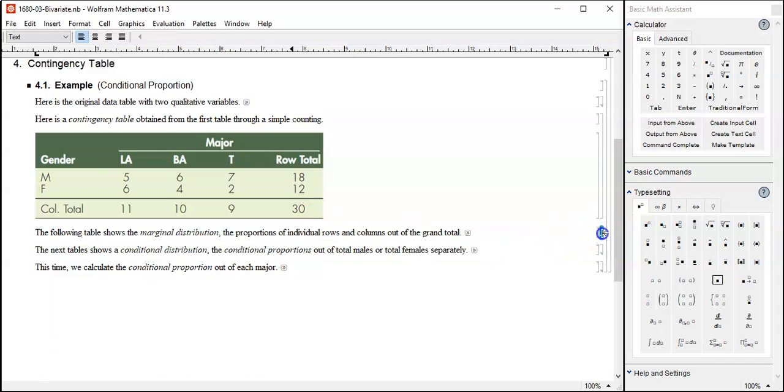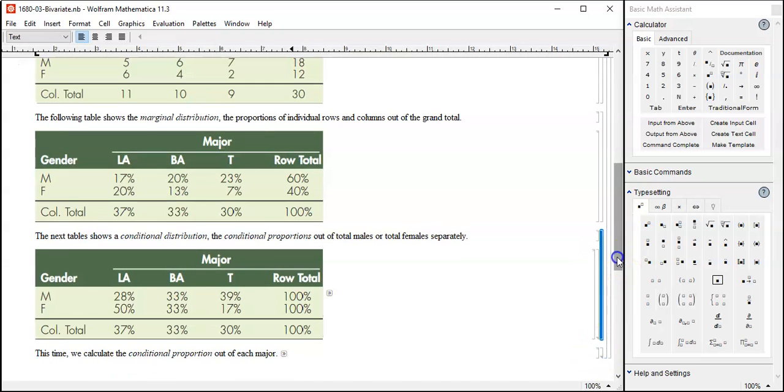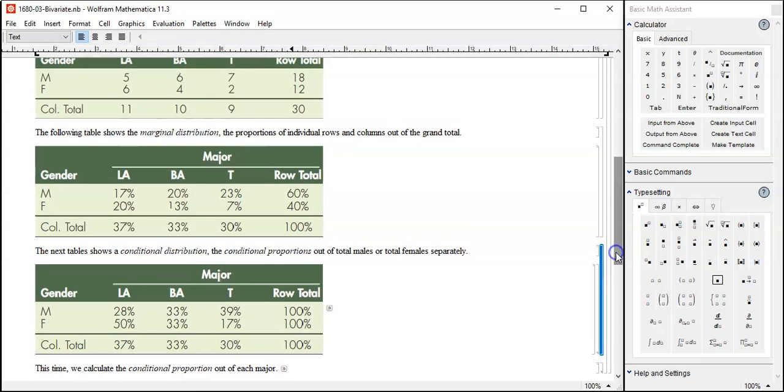Now, these tables show conditional distribution or conditional proportion. And this time, let's consider men only and women only. Okay? So just consider men only and do not consider women at all.